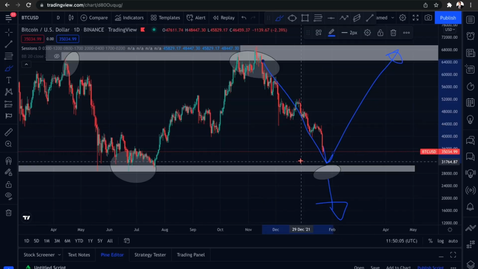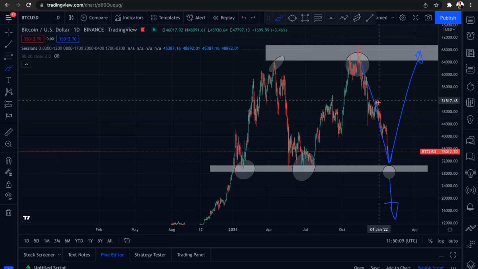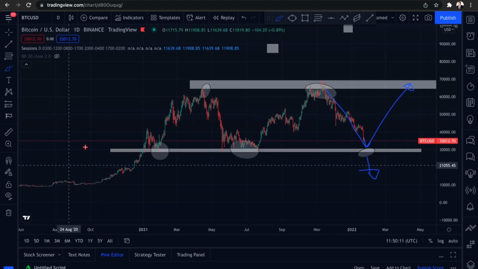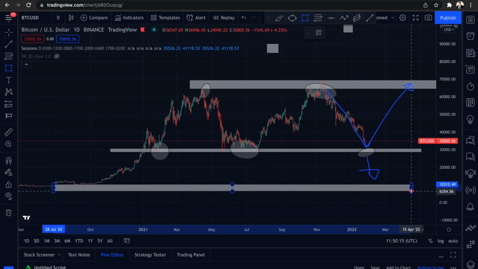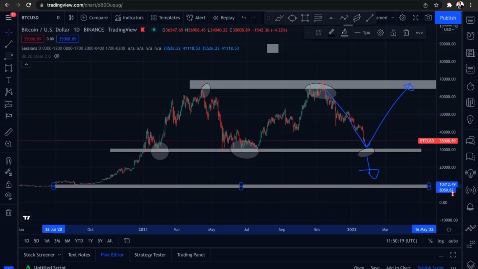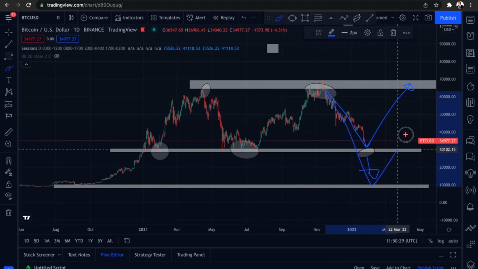And if it's at the top, it means it has broken through the resistance. And it will keep going down until it meets another support or another resistance, which for Bitcoin will be here. So which means it will fall to like $10,000. It will form another V shape, come down here and move up.